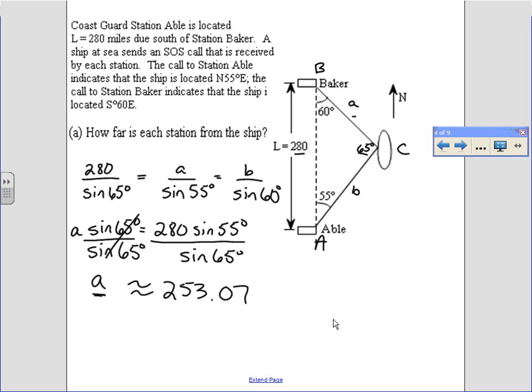Now, on B, find it. So we're going to cover up the middle when you cross multiply. That'll give me 280 times sine of 60 equals b times sine 65. So we divide both sides by sine of 65.